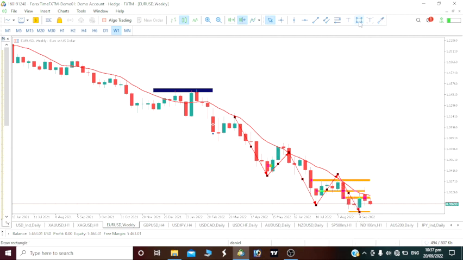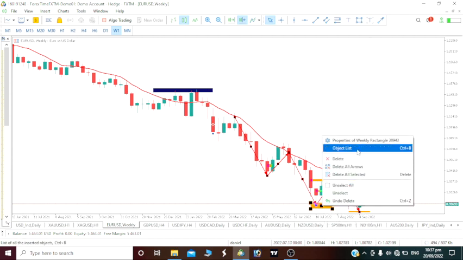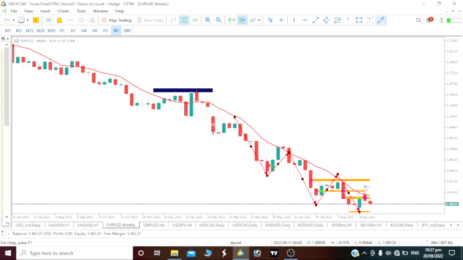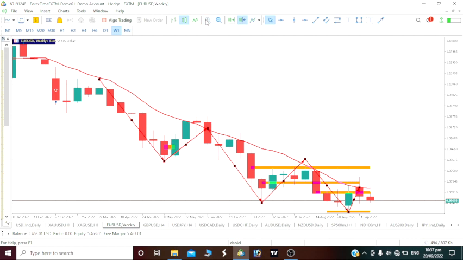You see it, this impulse move broke below the 10 period moving average. Now we've had a correction. Guess what? The correction came to our 10 period moving average. Now as this price comes to our 10 period moving average, what are we having again? Another impulse move down. So basically, on the weekly time frame, this Euro USD, we have to go short.